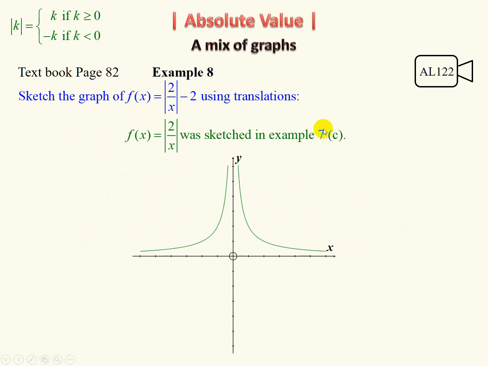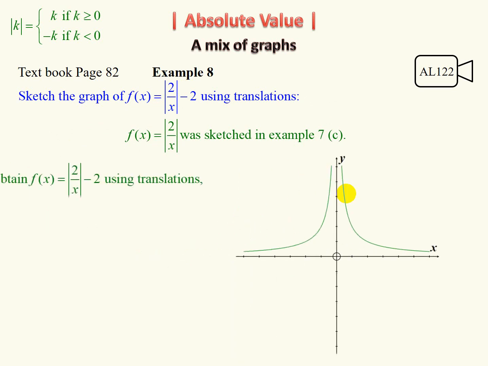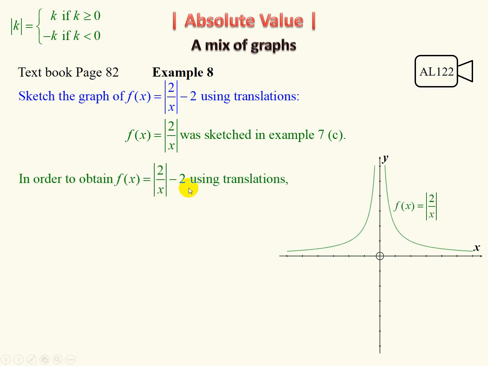So there we are, we sketched y equals 2 over x, f of x equals 2 over x in example 7c. So let's go straight to that sketch. Just in case you're getting it twice. In order to obtain that using translations, it's that graph minus 2, so it's going to go down 2.